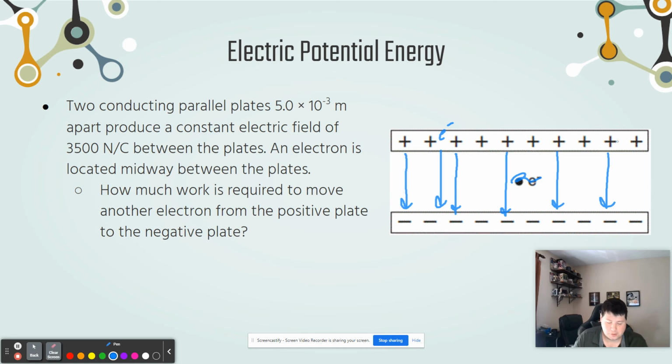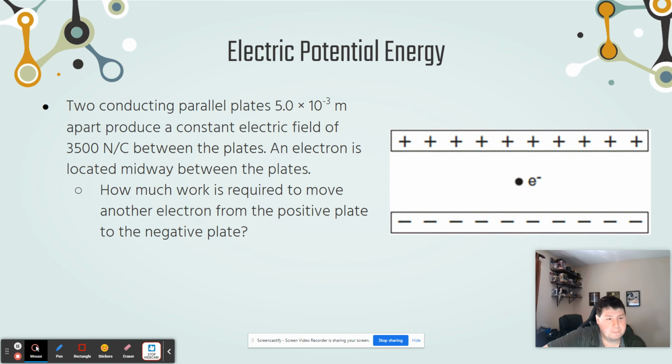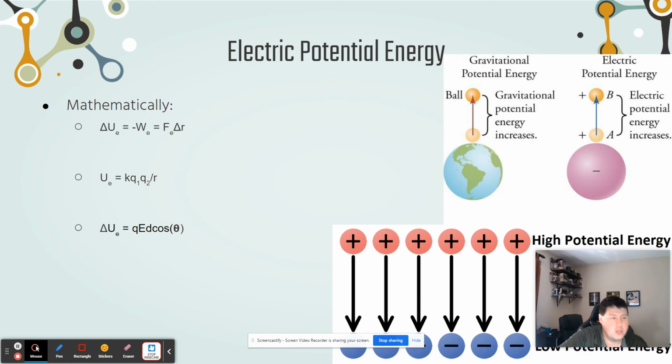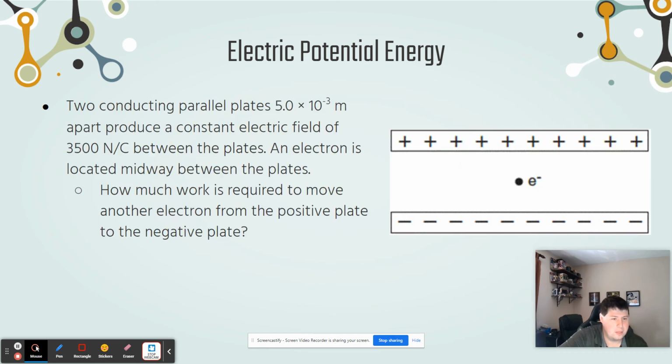So that's why we're going to use our other equation, which, returning back to that slide so that we all can see it, is U equals qEd cosine theta. So copying that down here, delta U equals qEd cosine theta.